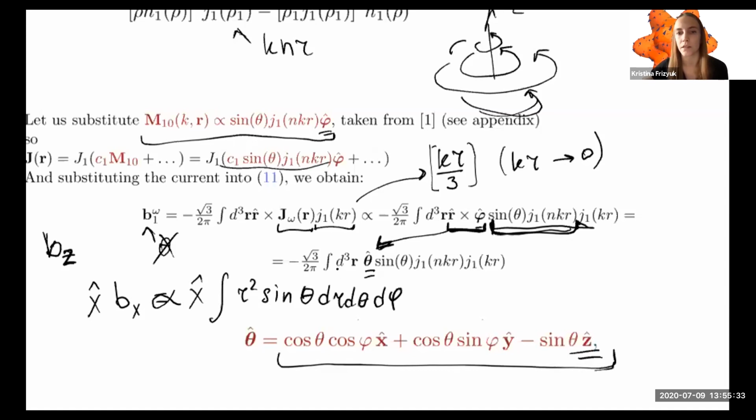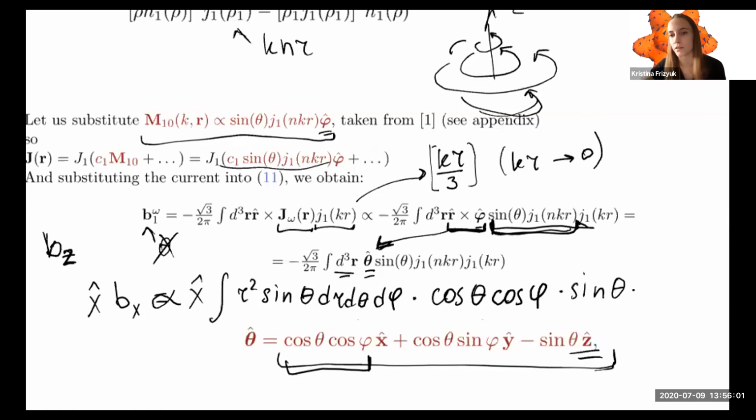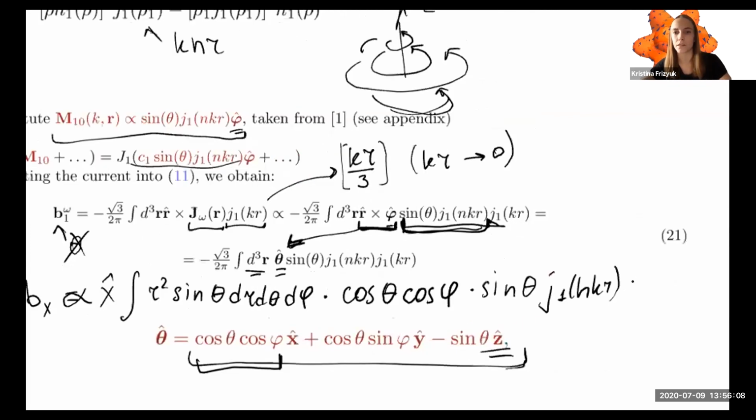I just rewrite this guy. And then instead of this, we put this, because it is what stands here before the x component. So cosine theta, cosine phi, and then we put these further guys: sine theta, one Bessel function and the second Bessel function.